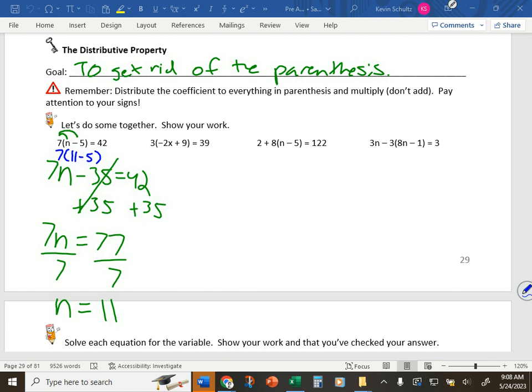All right. Give the next one a try on your own. I will remind you that 2x is negative, right? So when you distribute that positive 3, don't forget that 2x is negative. The 9 is positive.